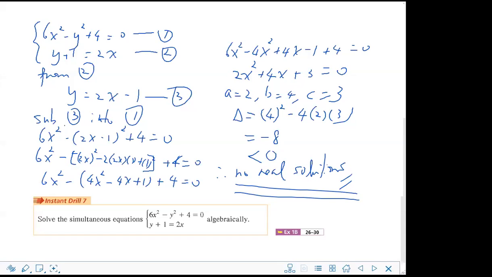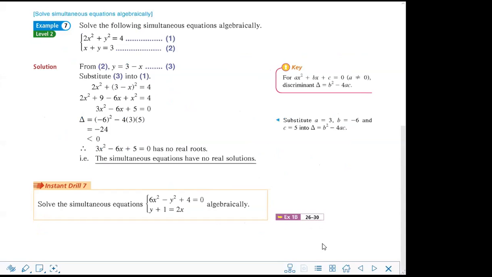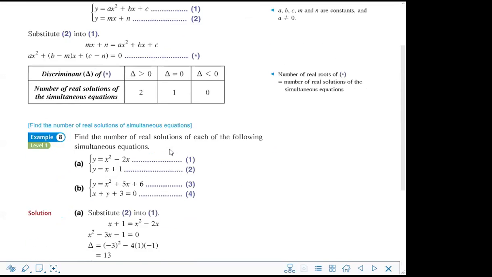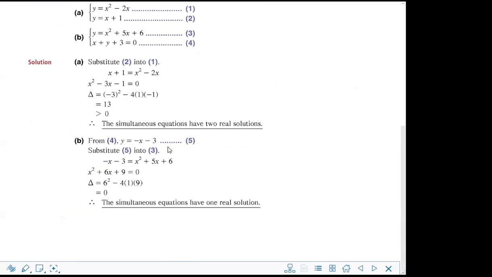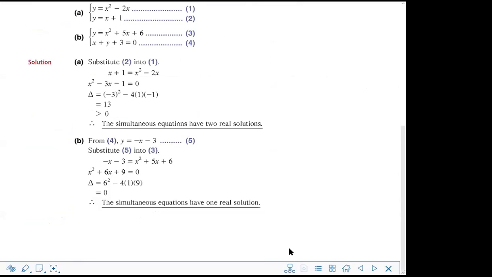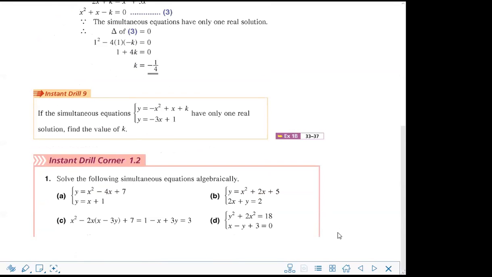So let us clear the board first. The next one. Maybe I don't start this part first, but let us go to this page. Instant drill corner 1.2.